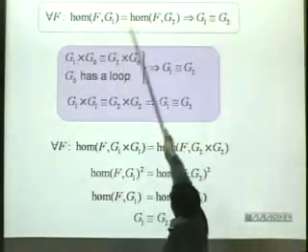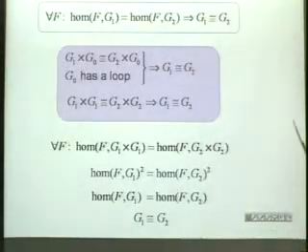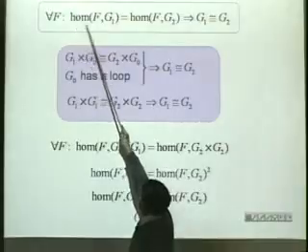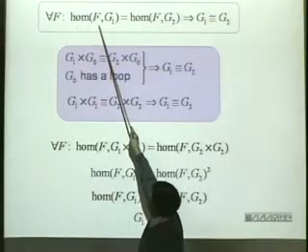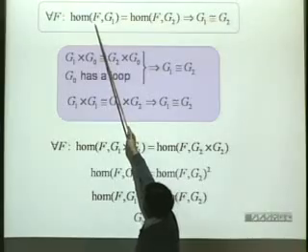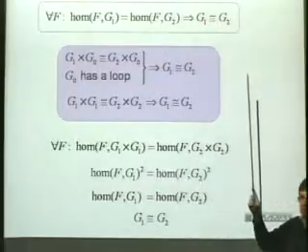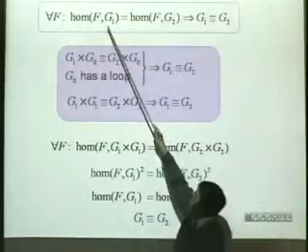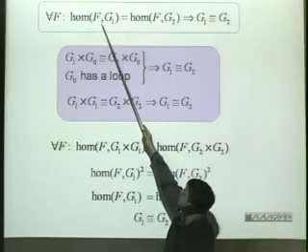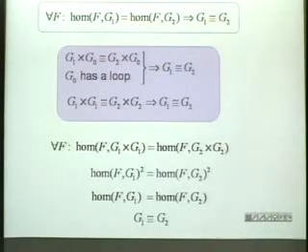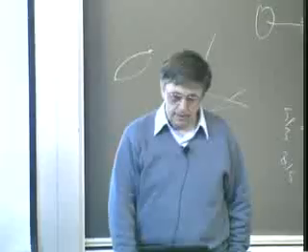Because if G1 and G2 have the same number of homomorphisms from every F, then by this inclusion-exclusion formula, you get that the number of embeddings of F into G1 is the same as the number of embeddings of F into G2 for every F. So in particular, for F equals G1, this is positive, so G1 embeds into G2, and then similarly G2 embeds into G1, so they must be the same.